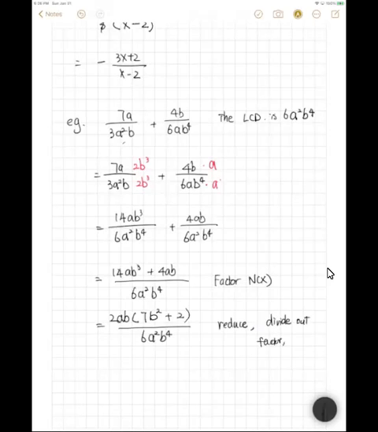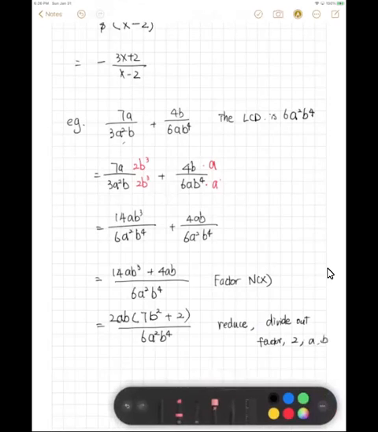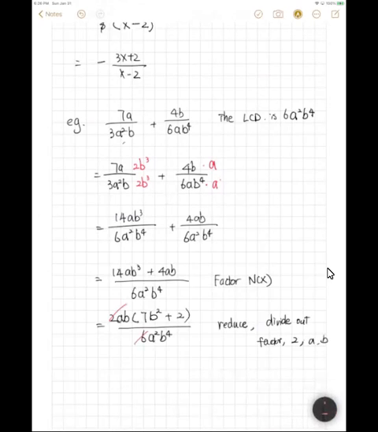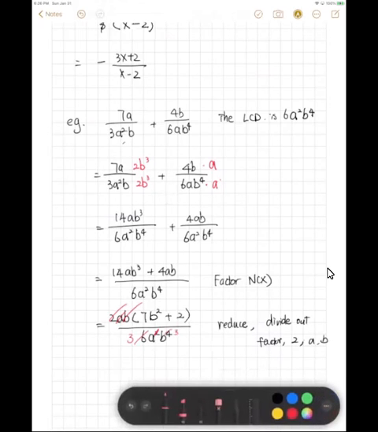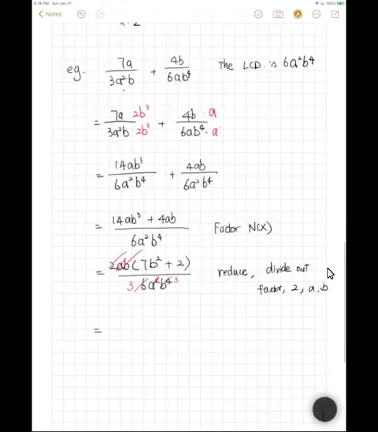What's the factors? 2, a, and b. So I will have 6 divided by 2 of 3 remain. This becomes 3. So now I have what? 7b squared plus 2 over 3 times a b to the third.